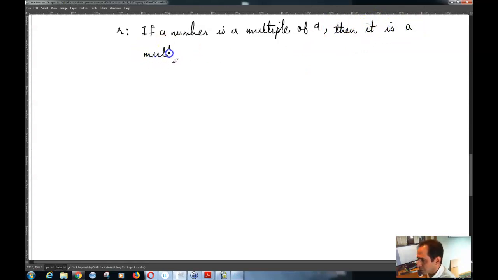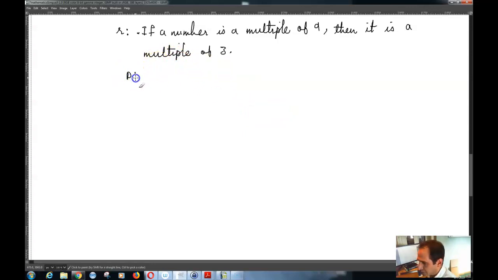So this is your P, and this second part is your Q, meaning if P then Q. Now let P and Q denote these statements.